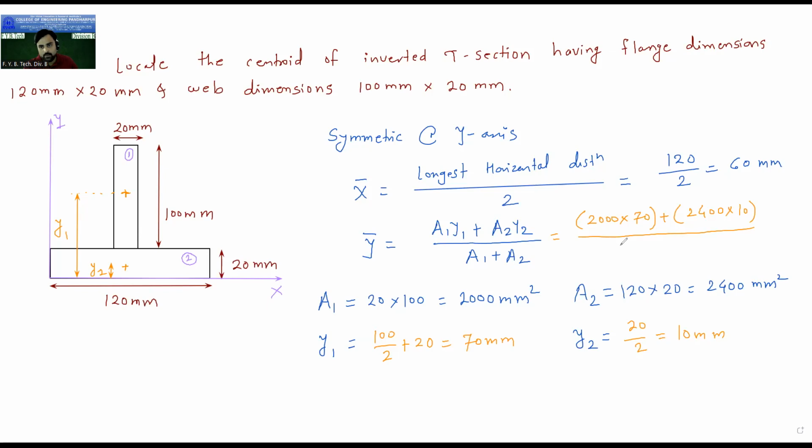So put the value, then A1 2000 plus 2400. So what is the answer?